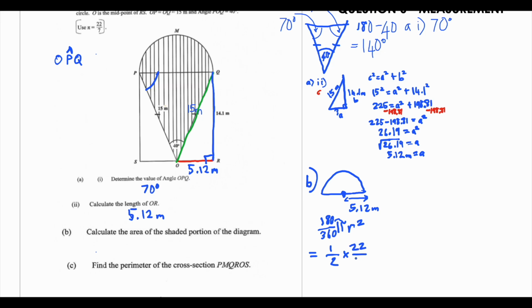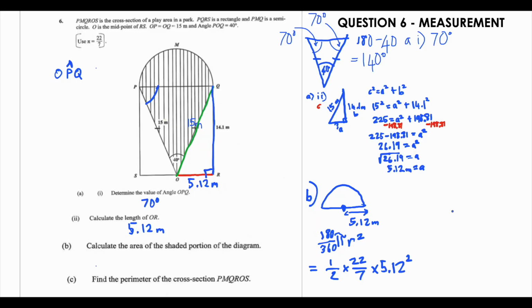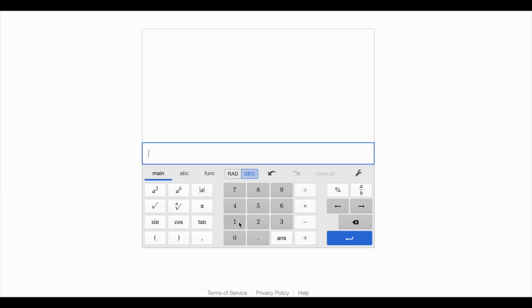So 22 over 7 multiplied by radius squared, which is 5.12 squared. Now, if you have a calculator that has fractions, it's a perfect time to use it. So you can put it in just like this: half times 22 over 7 times 5.12 squared.